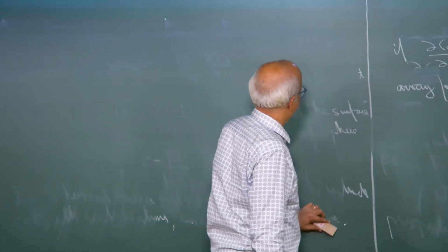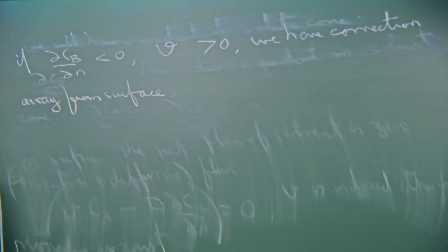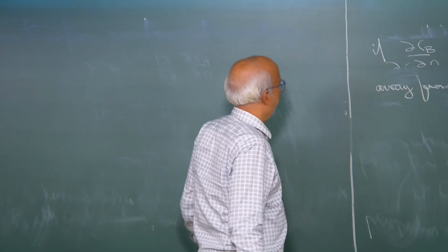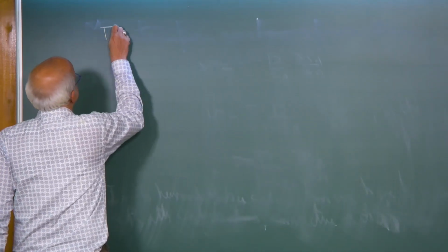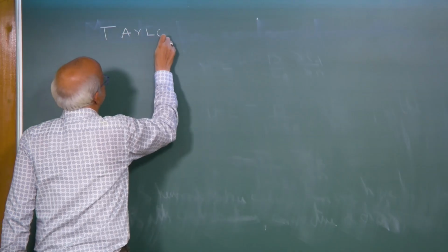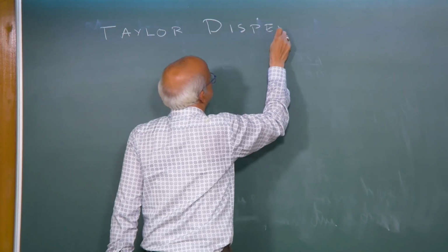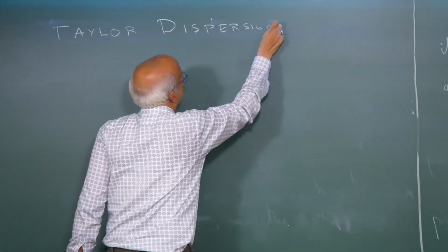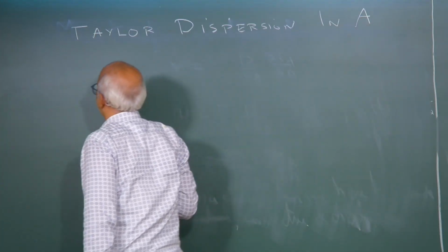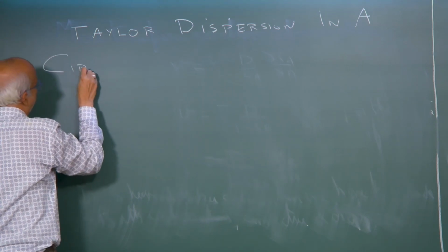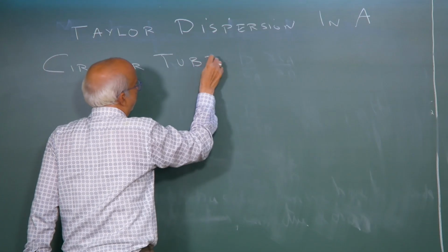So, I want to solve another problem, which is a classical problem, the Taylor dispersion in a circular tube, okay.